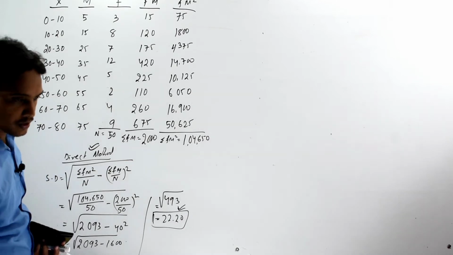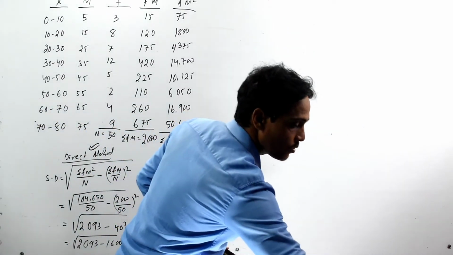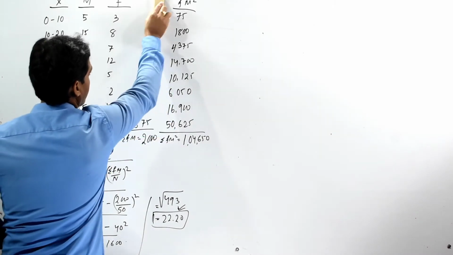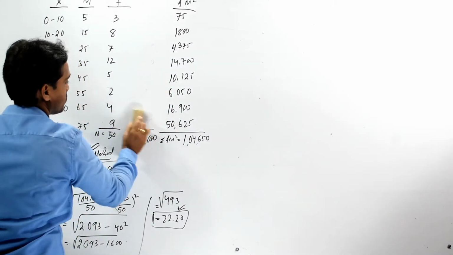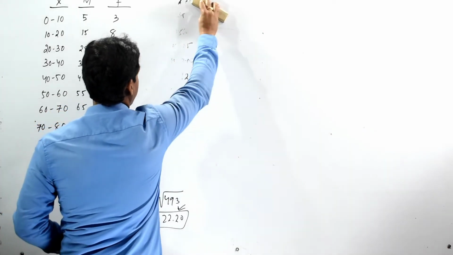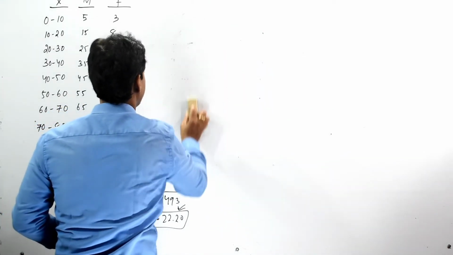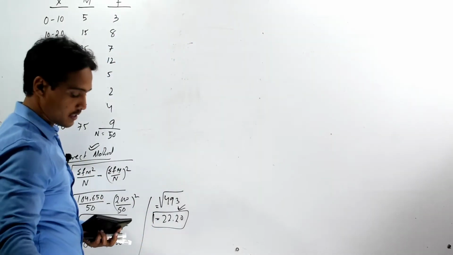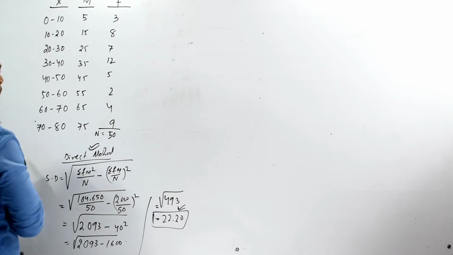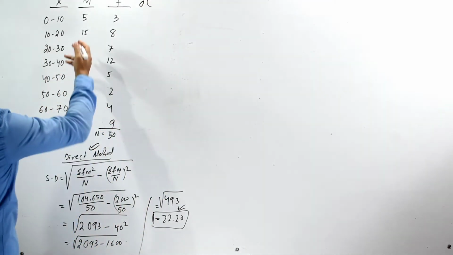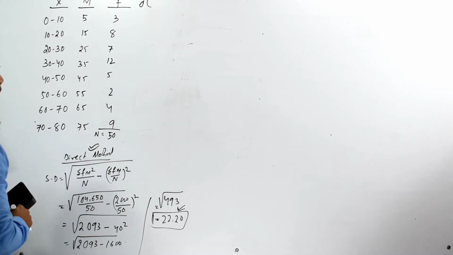So in case of shortcut method, we should not use fm and fm square. For computing standard deviation under shortcut method, first of all we should find out d, that is the deviation of the midpoints from the assumed mean.